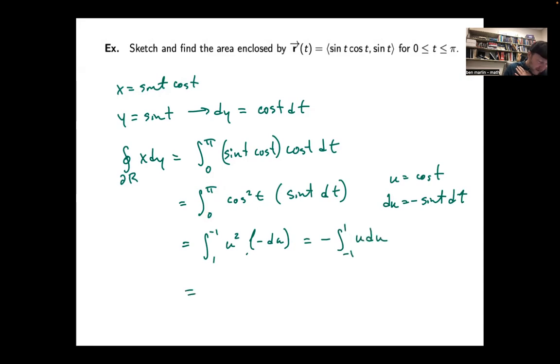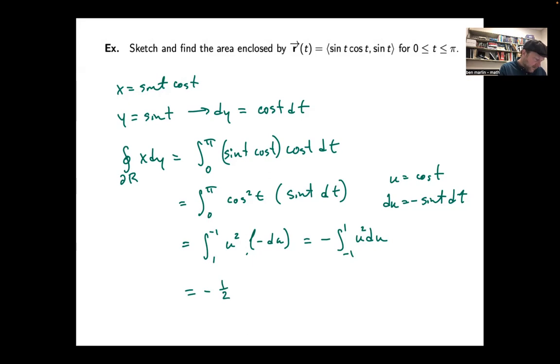I think Nadia pointed out the other day that we ought to try to have those in the right order. But then I end up with minus, and I hope this doesn't turn out wrong.